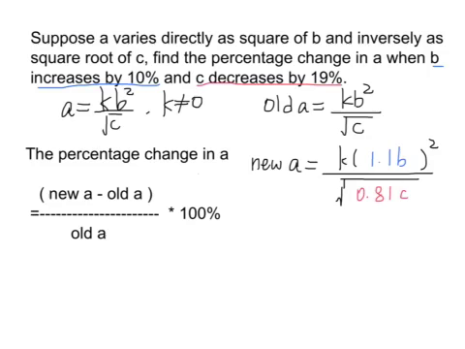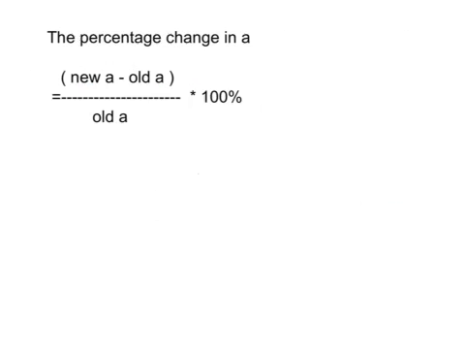Then what you're going to do is you're going to just put everything in here. Put this in here, put this in here, and this in here. Okay, so let's continue. So what's your new A?